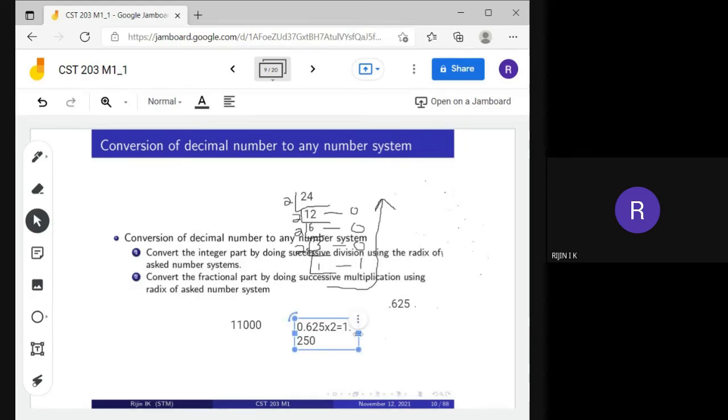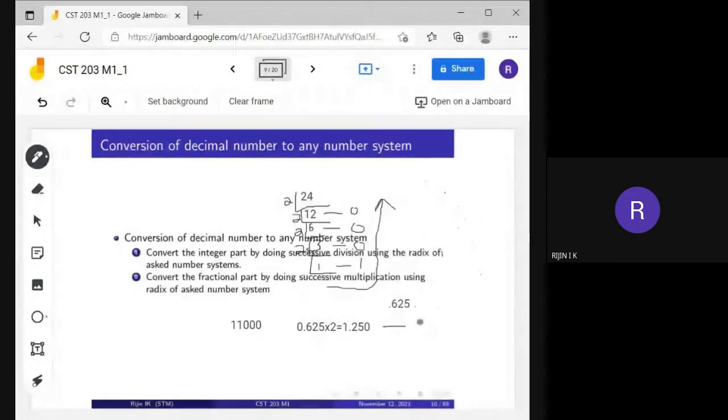Here, in this multiplication operation, you need to collect the integer part after the multiplication. Here the integer part is 1. So after the multiplication operation, you need to collect the integer part. So it is 1.